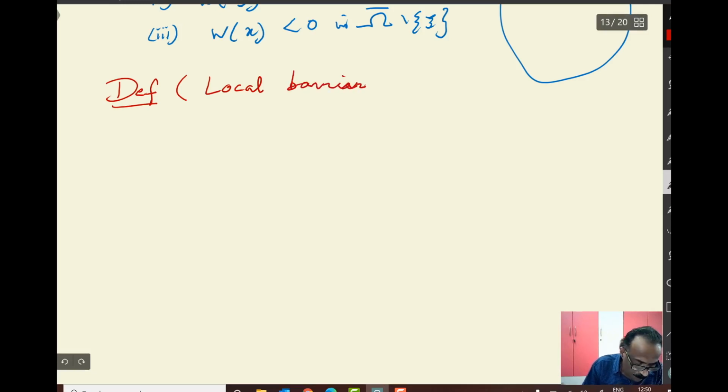Okay. Again, a function w̄ belongs to C(Ω̄) is called a local barrier at ψ.